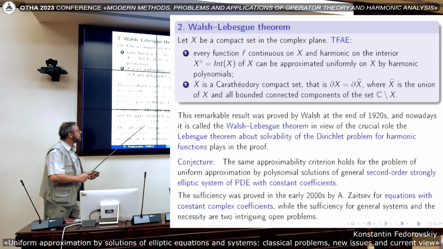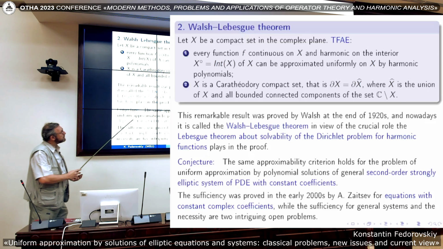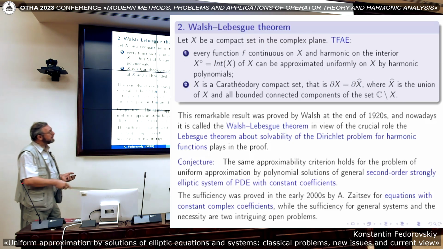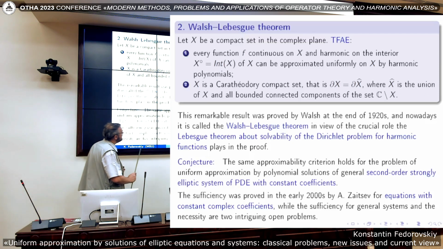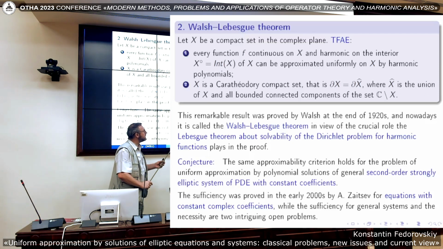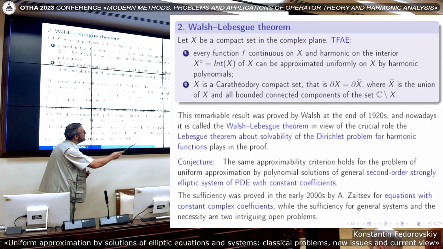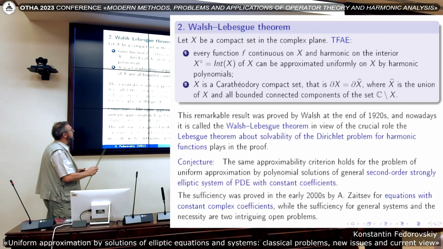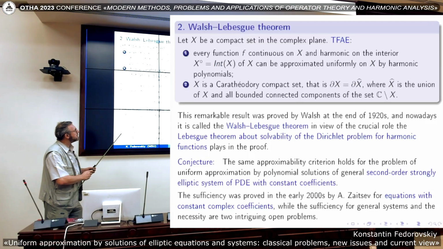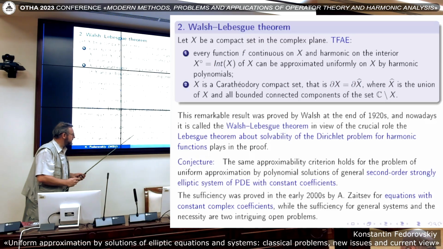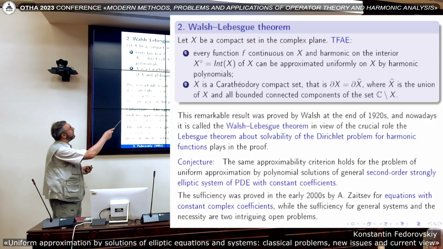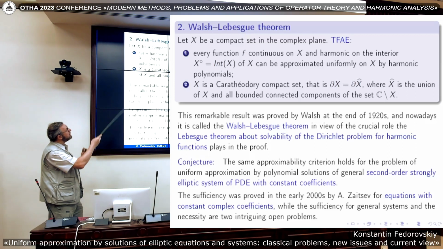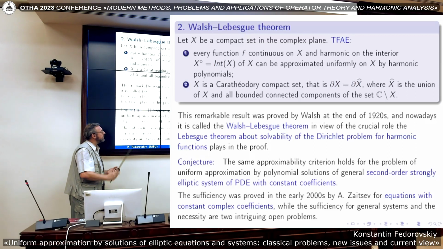Okay, and up to now there is a conjecture that the same approximability criterion holds in the case of approximation by polynomial solutions of general second order, but it's important, strongly elliptic even systems with constant coefficients. The sufficiency, so if our compact set is a Carathéodory one, then the approximation property mentioned above is possible.